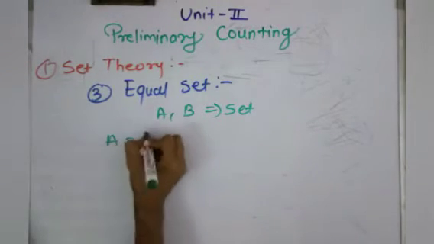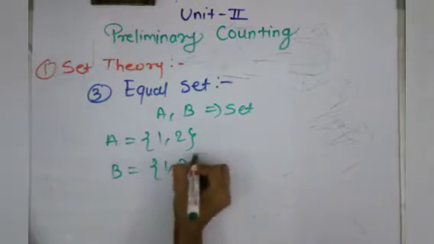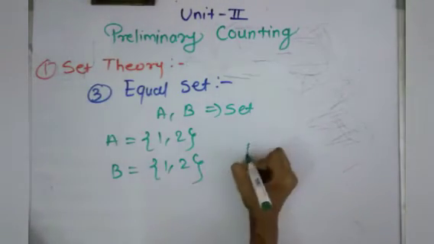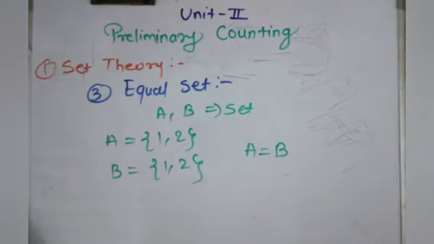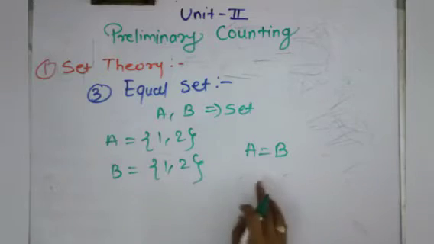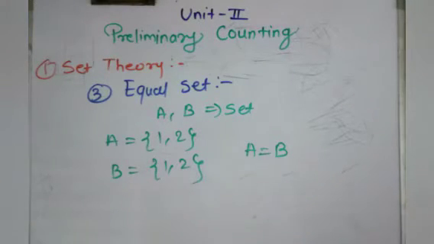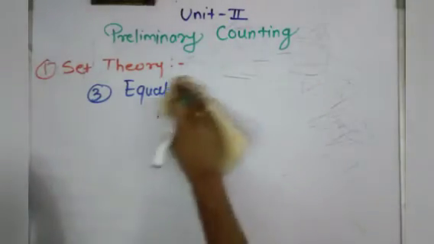Okay, suppose A equals {1, 2} and B equals {1, 2}, then we can say that A equals B. Same number of elements and same elements, so A and B are equal sets.